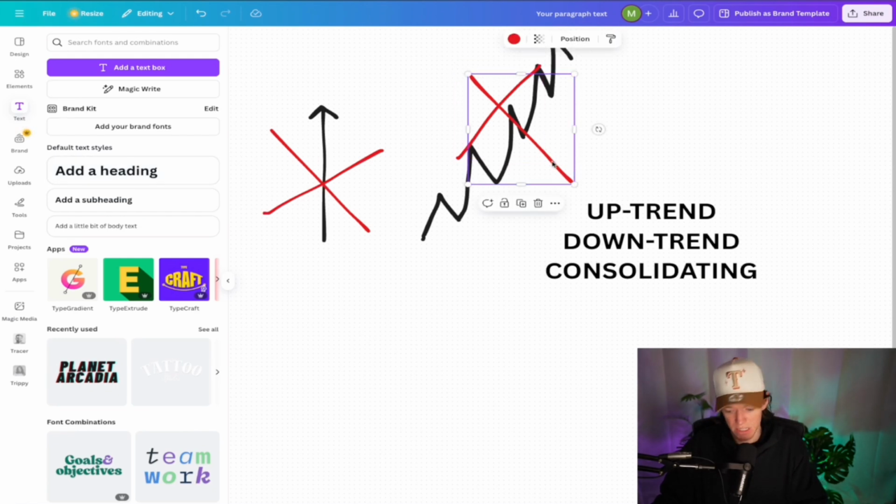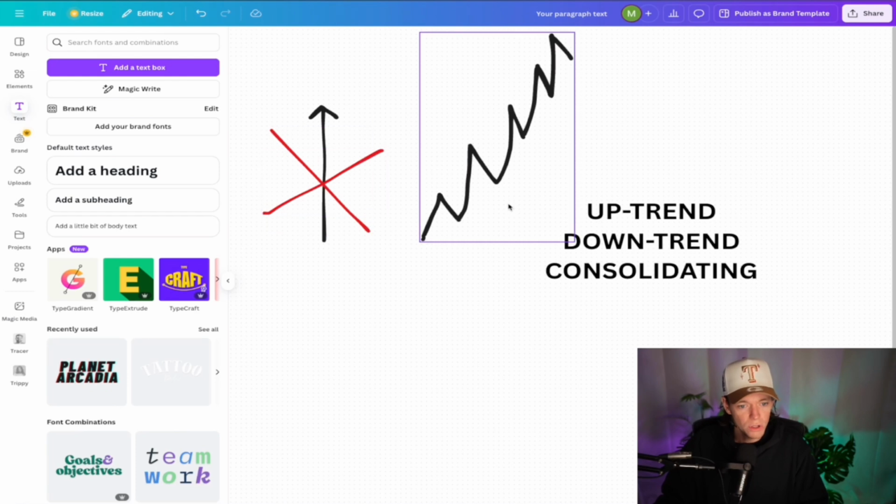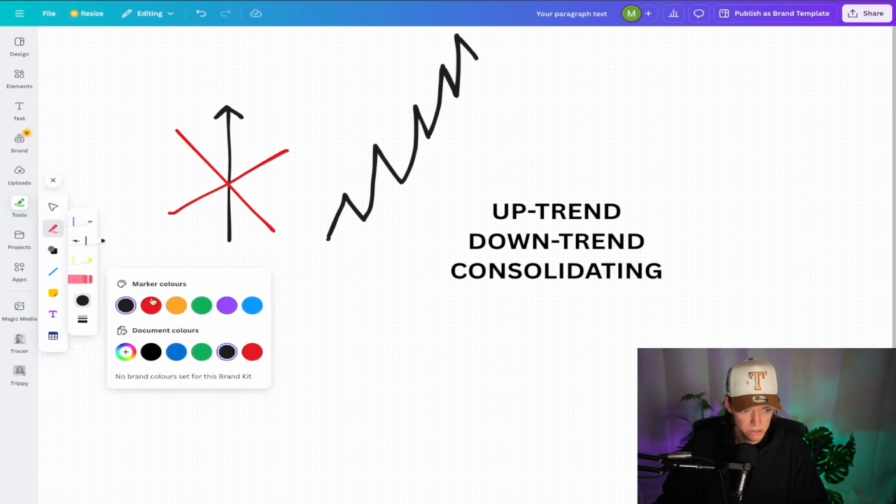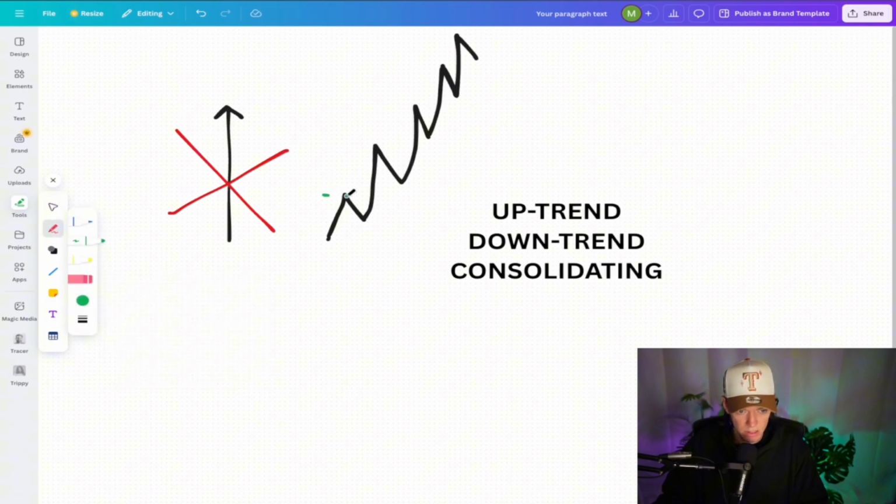Now, I know I just said that the market doesn't move this way, but for example's sake, the only way to know that we're in an uptrend is we have to wait for this previous high to be broken. Once that gets broken, I'll change the color here. This is what we're looking for.